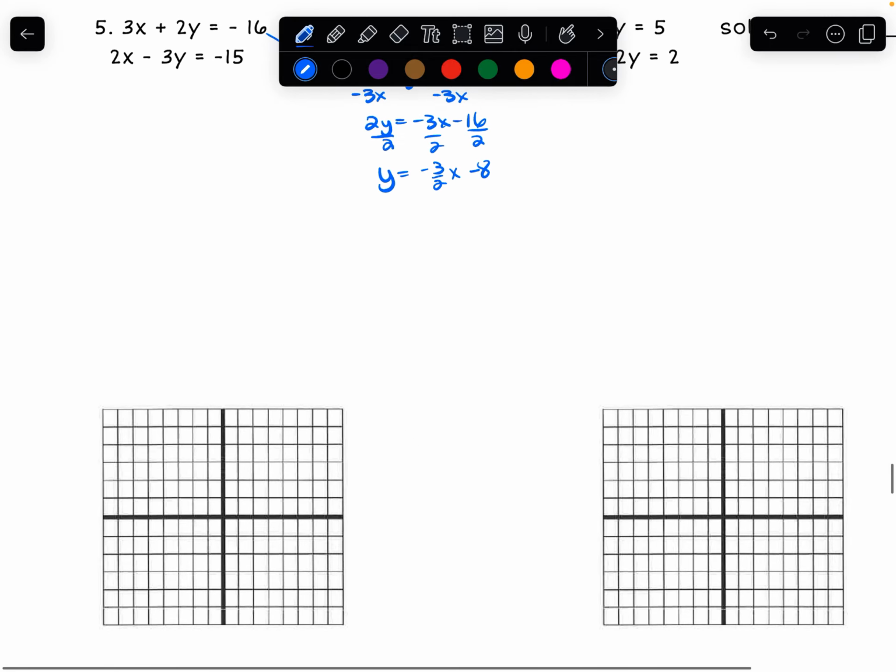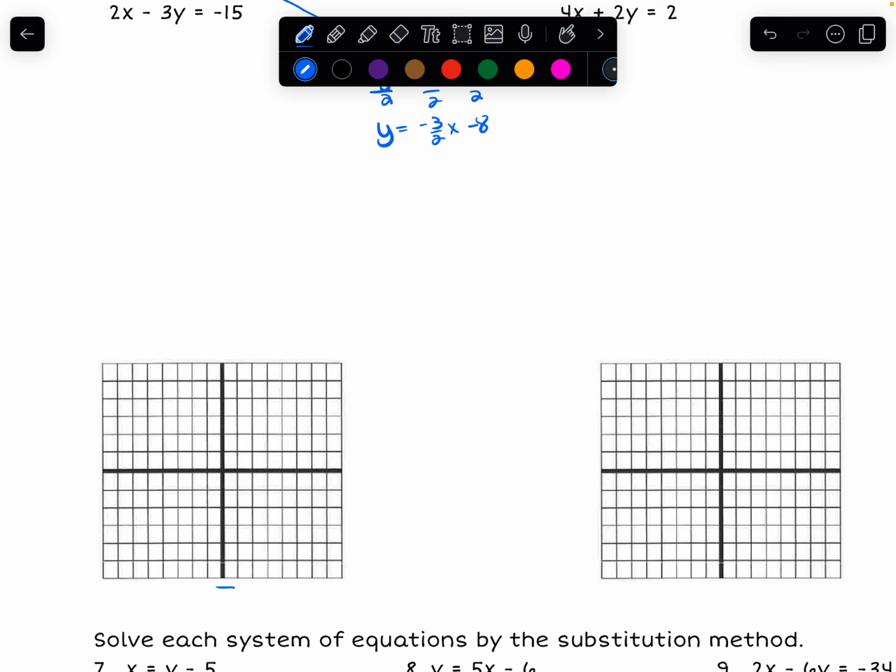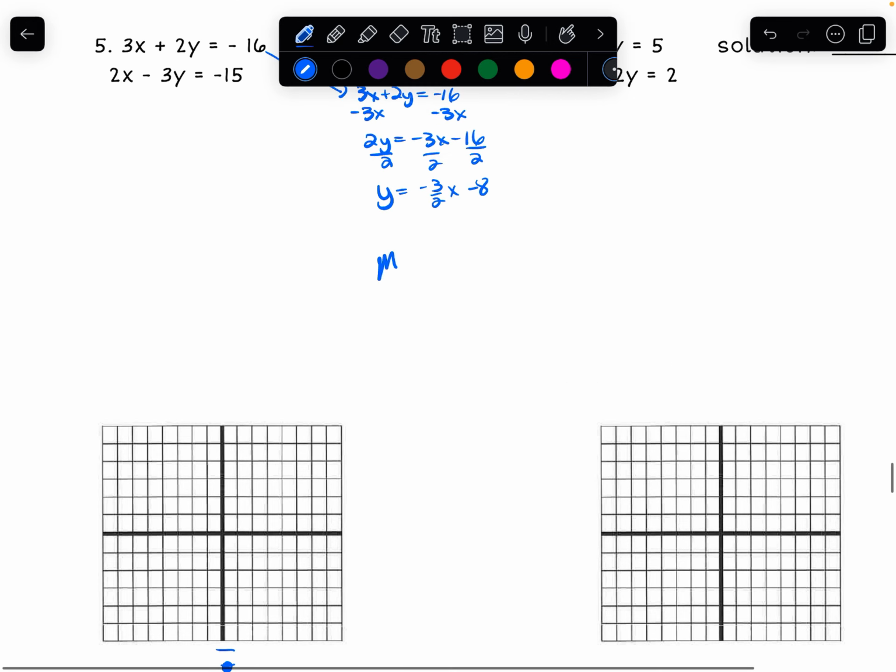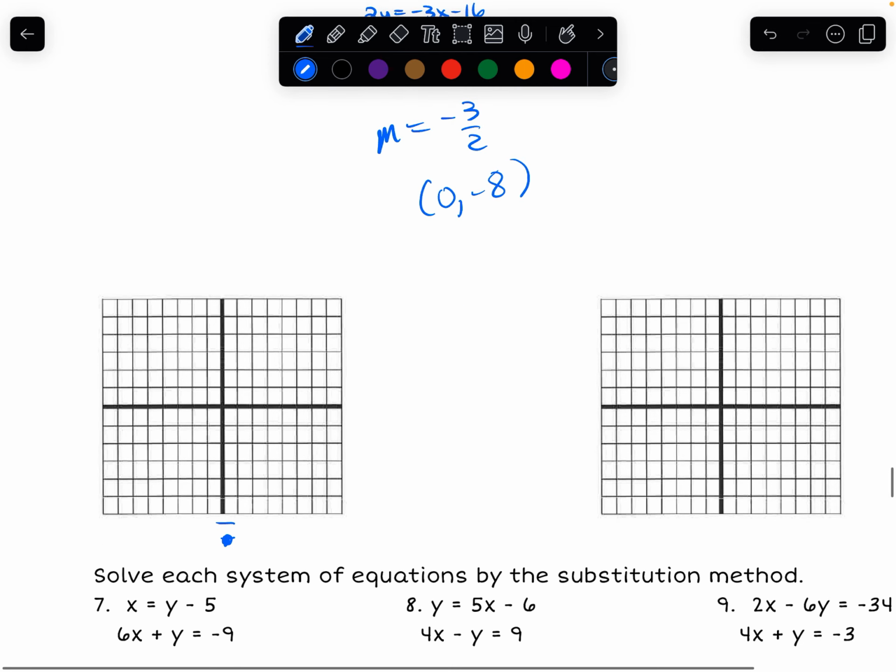Okay, remember, negative 8 is going to be here. Oh, sorry. So 3 over 2: 1, 2, 3, left 2, repeated down the line.